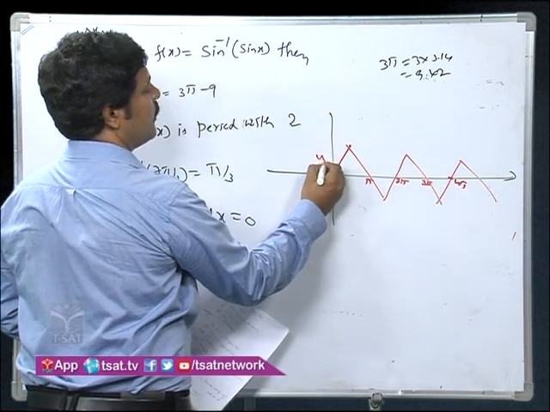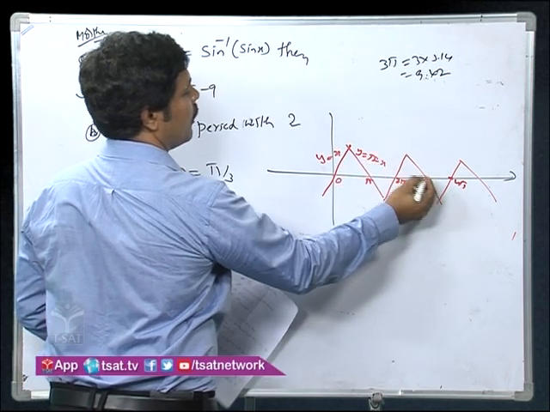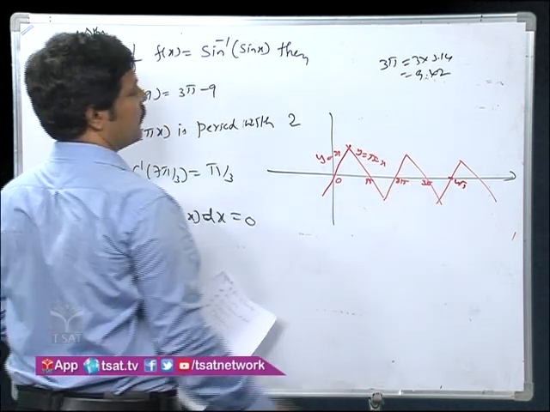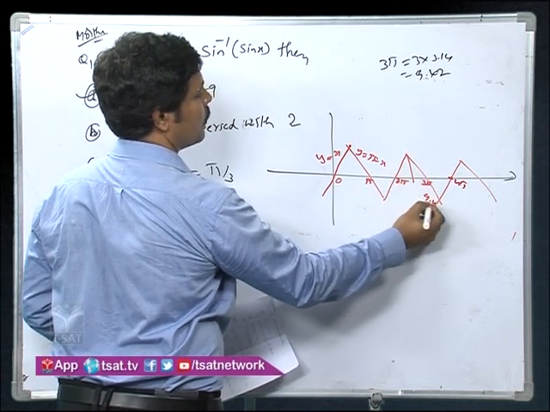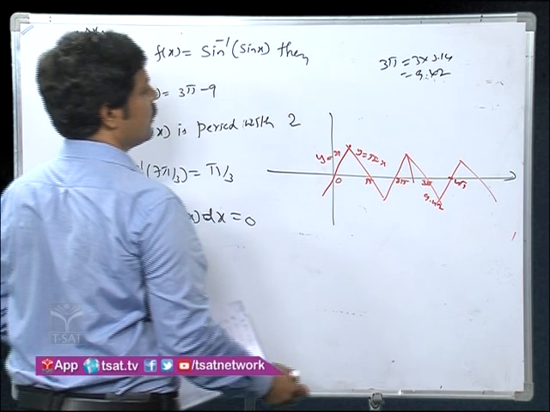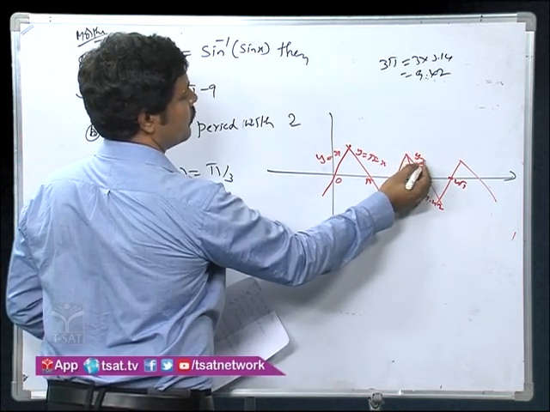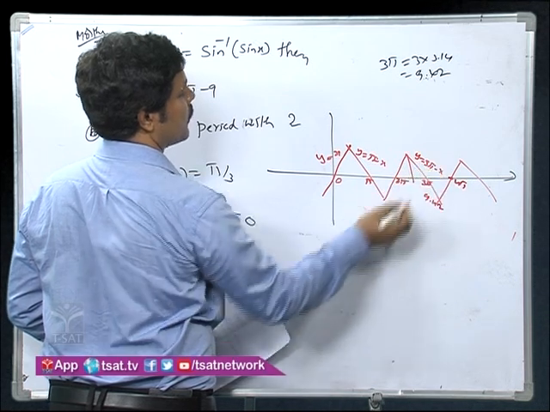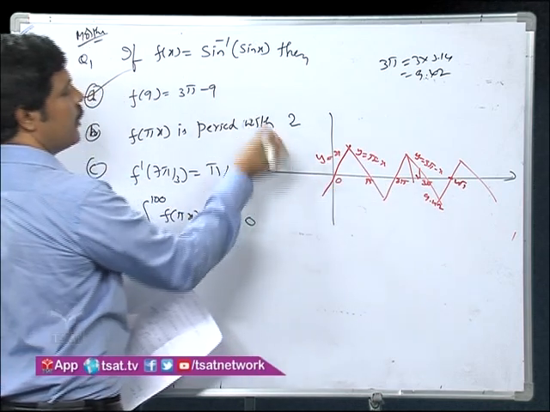Here y is equal to x, here y is equal to pi minus x, here 3 pi plus something, 3 pi means 9.42, and 3 pi by 2. Okay, here this is y is equal to 3 pi minus x. Okay, 9 is here on the curve 3 pi minus 9, so we can solve it by using the curve.